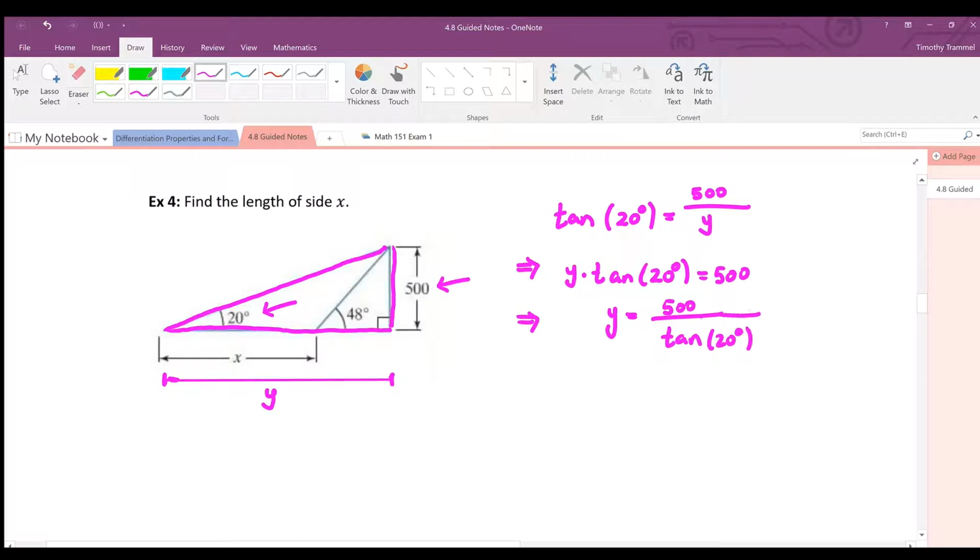And I'm not even going to bother to plug this in my calculator right now. I don't care about the decimal approximation for y. In fact, the side length we're trying to find is x. So we found y. Well, let's see if we can maybe find another helpful side length.